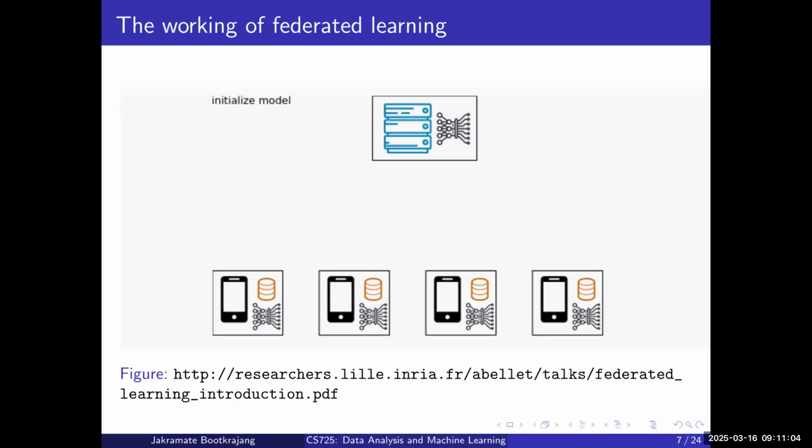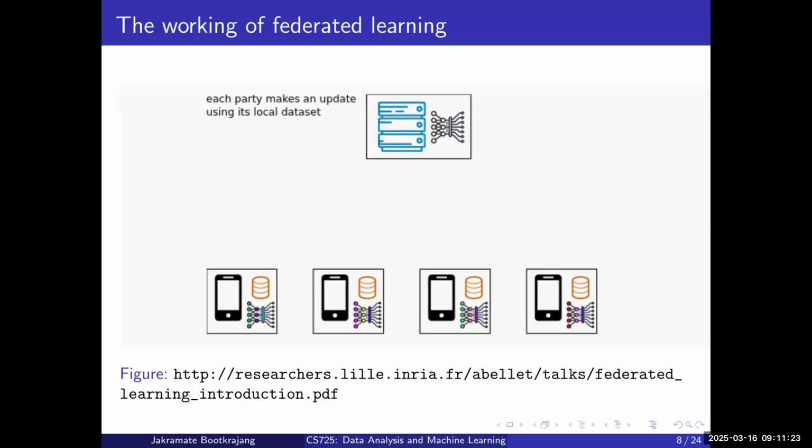What do we mean by the same? It's the same structure. It doesn't have to be the same initialization weight. As long as they have the same structure, it will work. So each of them will have their own model and their own weight. And then we train.